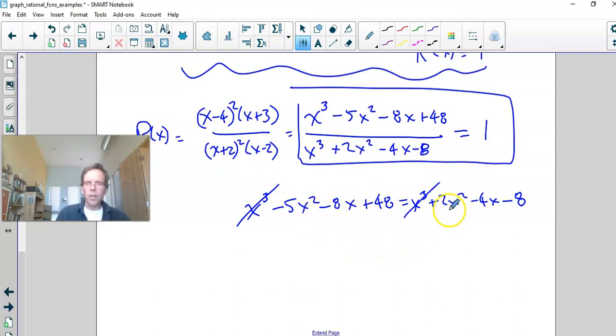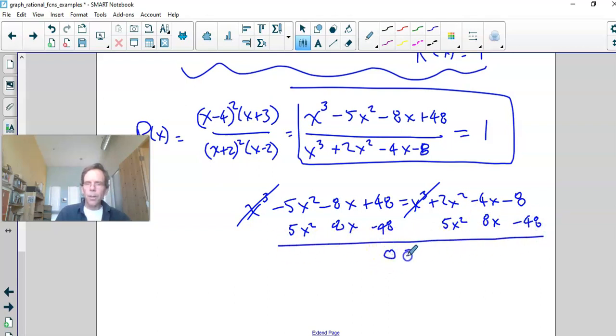And now I'm starting to see a quadratic sitting here. So I'm going to add 5x squared, add 8x, and subtract 48 from both sides: 5x squared, 8x, minus 48. And what do we get? We get 0 equals 7x squared plus 4x minus 56.